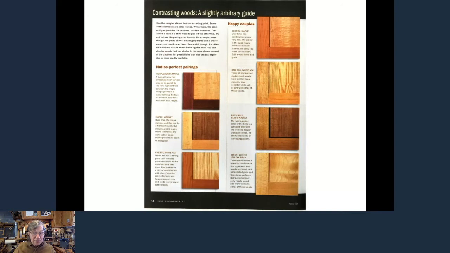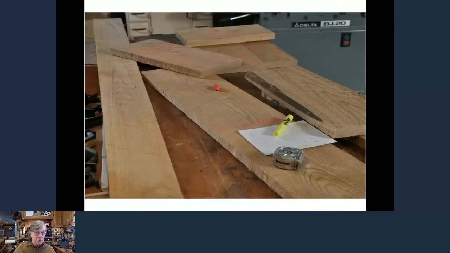But instead of differing in the species, I would differ in the cuts of the wood. In other words, rift sawn and flat sawn will give you a huge difference, but you still have that nice grayish white that ash has, and you're not introducing the pinkish tan that red oak has. And that can sometimes be off putting just because of the difference in color.